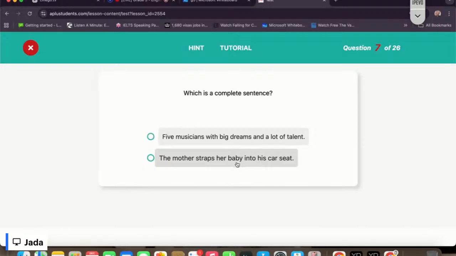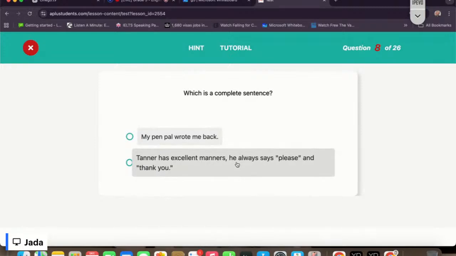All right, so we have "My mother strapped her baby into his car seat." Then, which is the complete sentence? First or second?